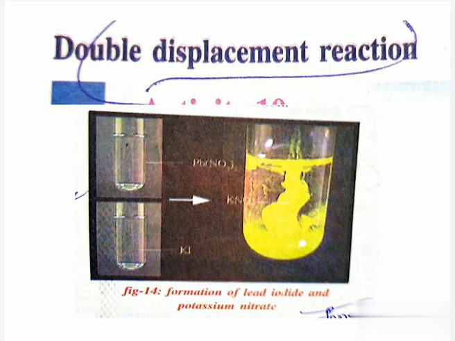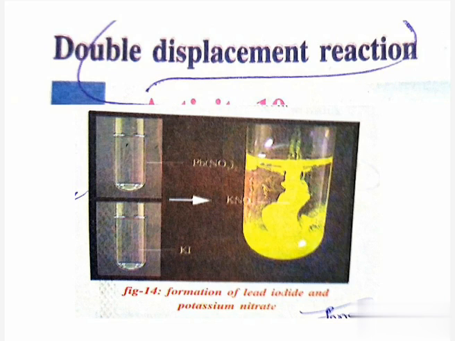Double displacement reaction activity. Take a pinch of lead nitrate and dissolve it in 5.0 ml of distilled water in a test tube. Now take a pinch of potassium iodide in another test tube and dissolve it in distilled water.